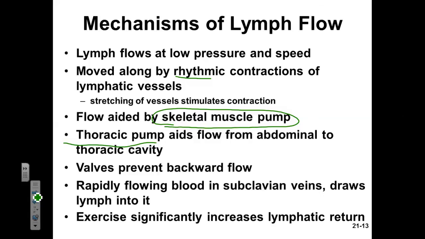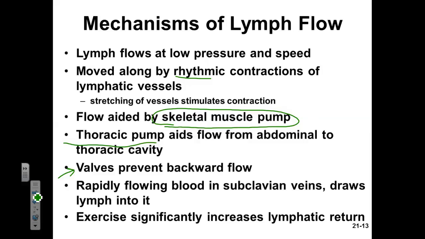This low pressure in your thoracic cavity that also causes air to flow into your thoracic cavity also causes blood and lymphatic fluids to flow into the thoracic cavity. When we inhale, we have that low pressure in the thoracic cavity. And as I mentioned before, fluids always go from areas of high pressure to low pressure. To keep the lymphatic fluid from flowing backwards, we have those one-way lymphatic valves.